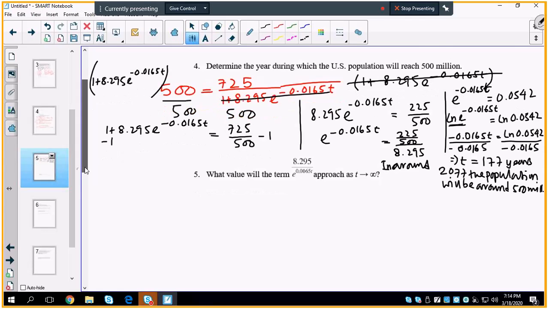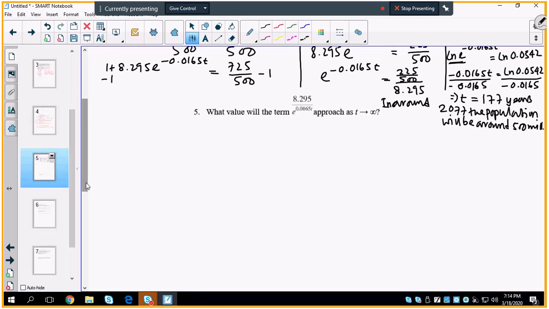The next question is, what value will the term e to the power 8.295 over 0.0165 t approach as t goes to infinity? So if you think of it, as t goes to infinity, the number 0.0165t also goes to infinity.